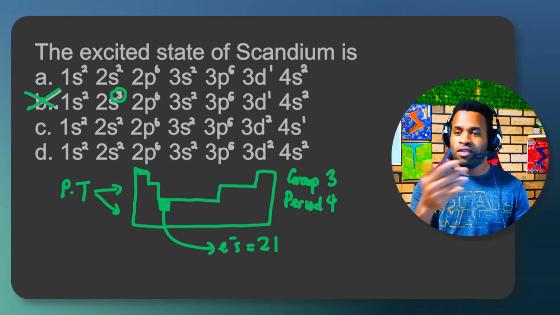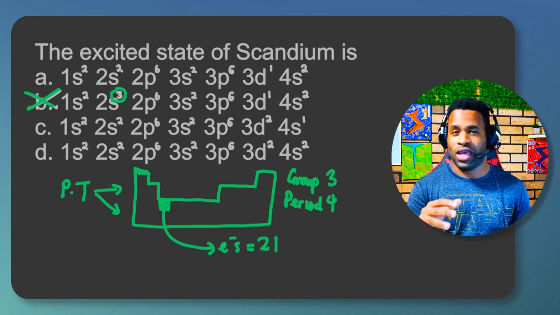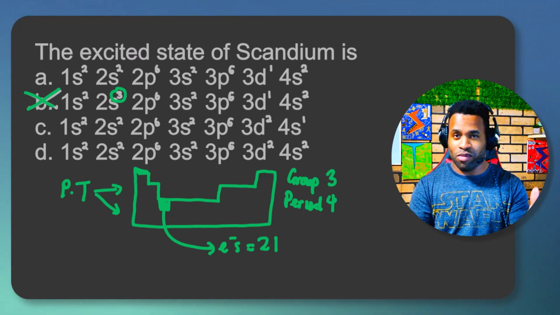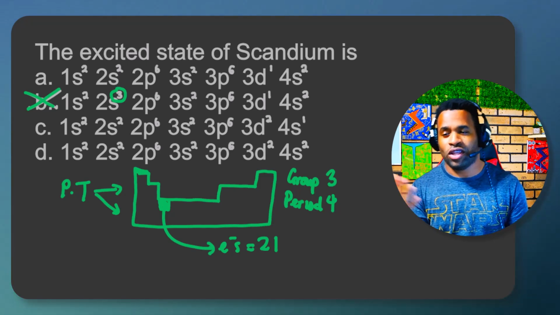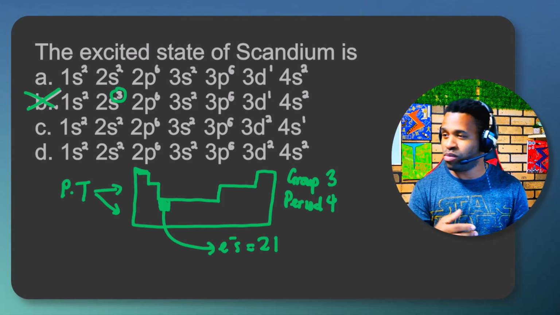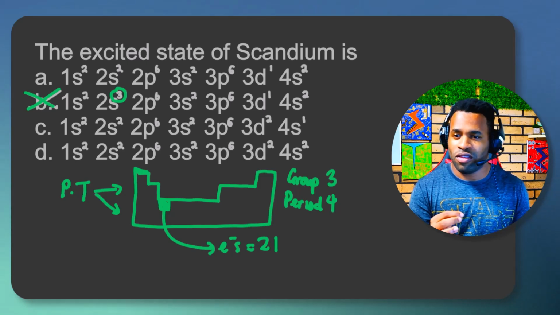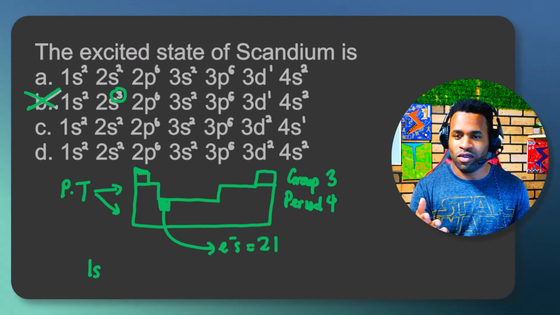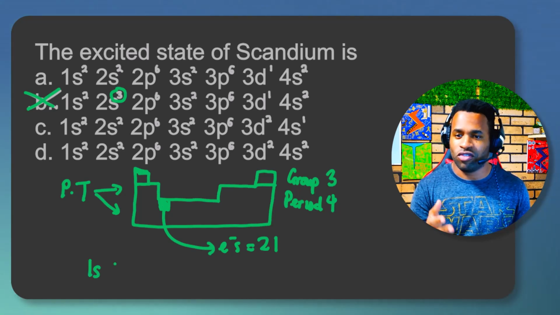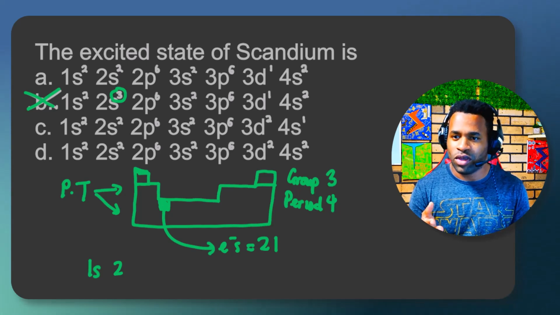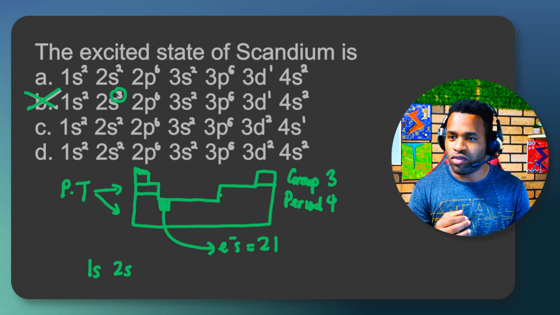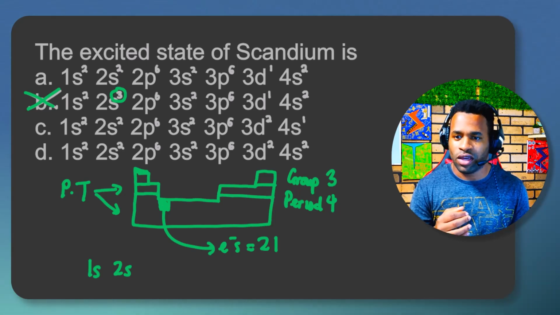This is where the easiest way is using your periodic table. For you to make that conclusion, this particular section here is what? Your 1s. Next is your 2s, which is right here, and next is your 2p's right over here.